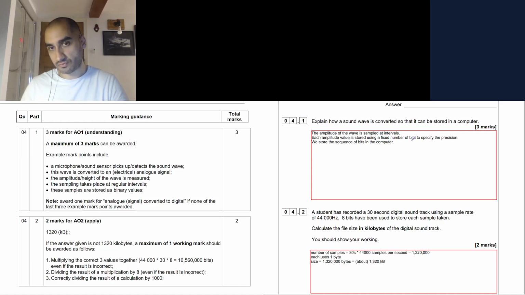That's referring to binary values, right? Because technically it doesn't need to be binary. You could store it, I don't know, trinary, decimal, whatever you want. No, but I think when I said bits, that's clear enough that I meant binary. That's what bits are. So yeah, I think I got the 3 marks.